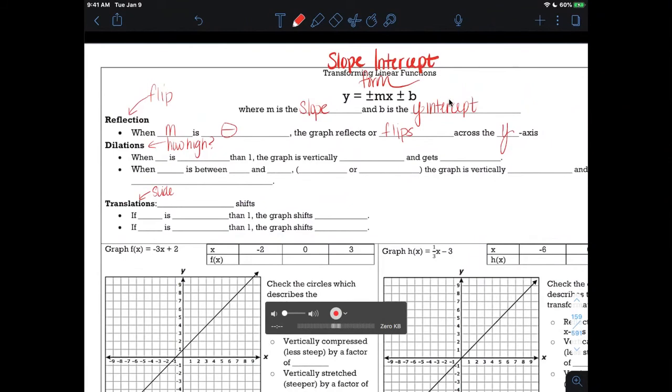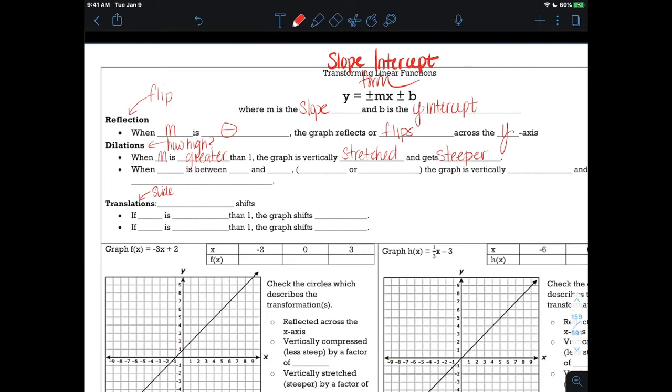So, based on that information, let's talk a little bit more about dilation. So, when m is greater than 1, the graph is called vertically stretched and gets steeper, right? Because the mountain got harder to climb.